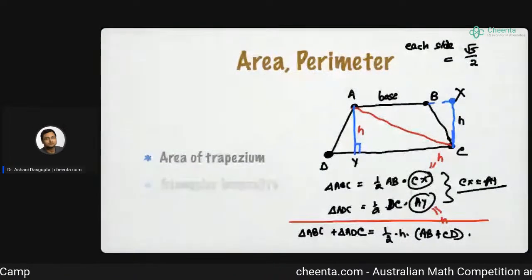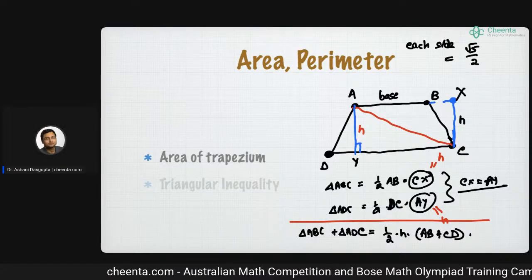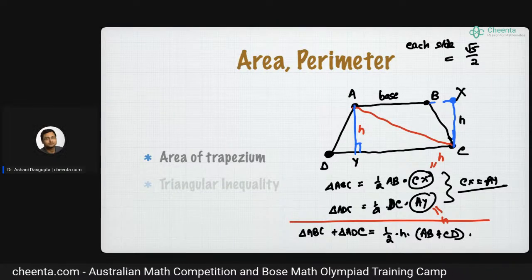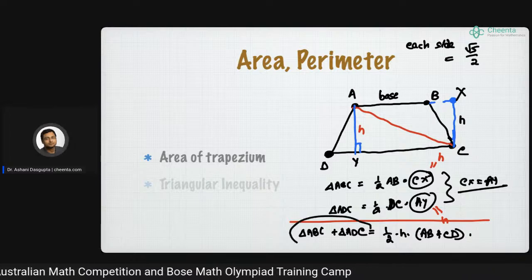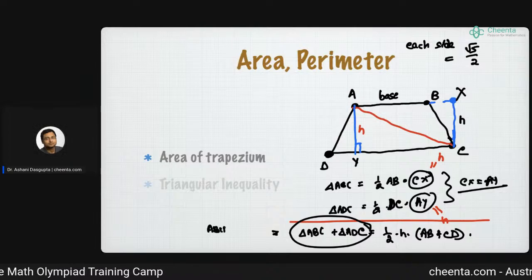Okay, so there is a way I remembered this, because this has a very beautiful implication: if you add these two triangles, you get the area of the rhombus ABCD.